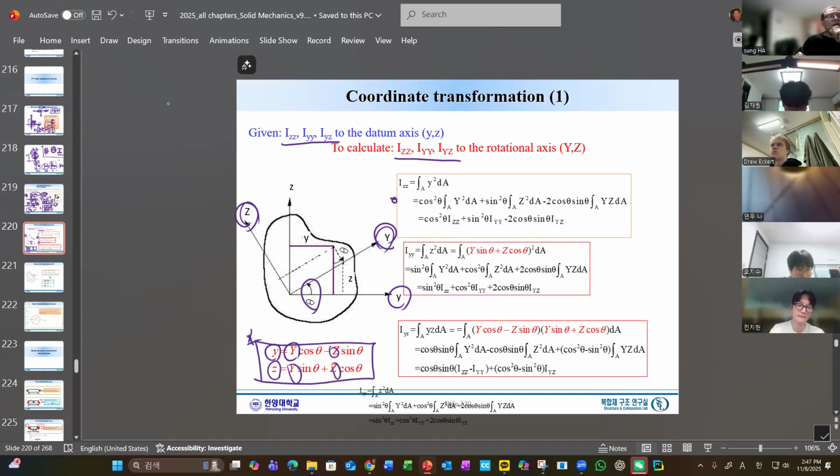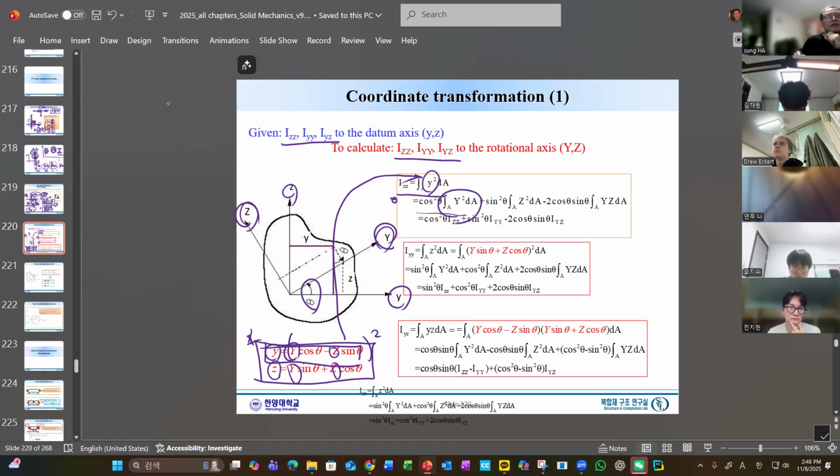Now the I_yy is by definition the integral of z squared. Now y here, we put in, and there is a cosine theta and then a large Y, and you need to expand.